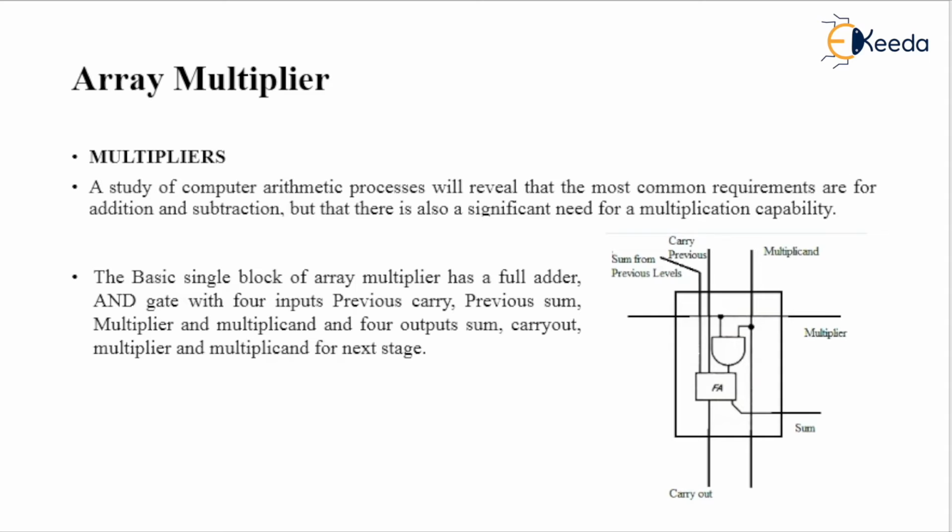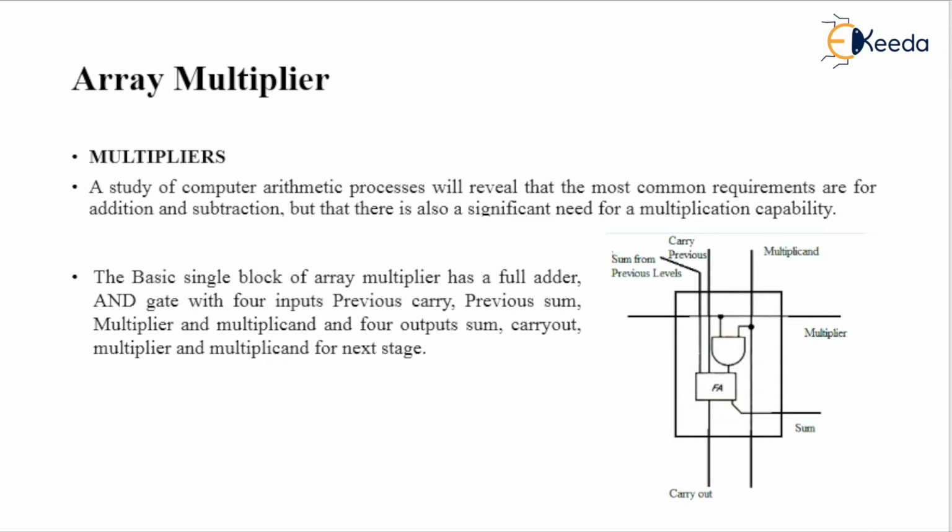Most of the computer arithmetic process covers only the addition as well as subtraction part. Multiplication is a separate one. So in this video I am going to explain how the multiplier works.